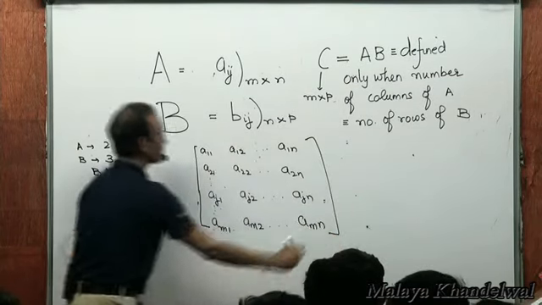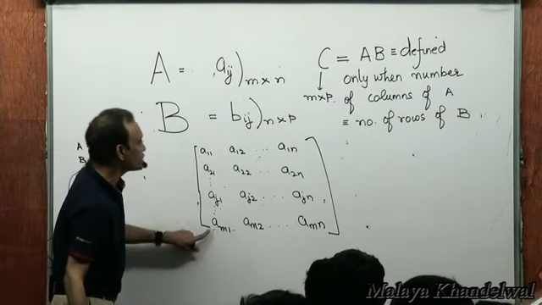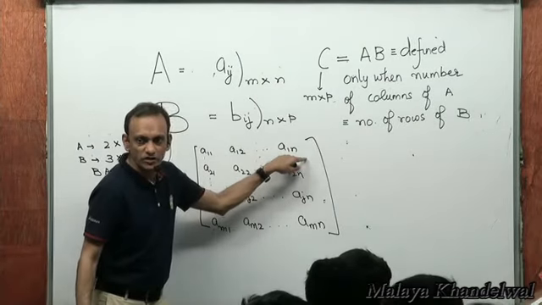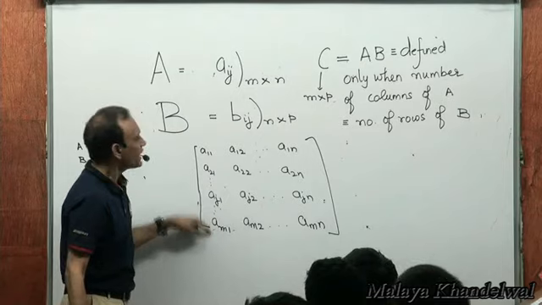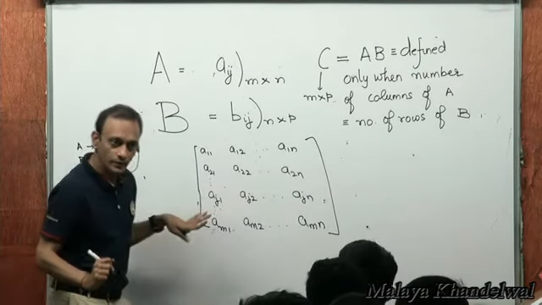This is a matrix A which has m rows and n columns, right?